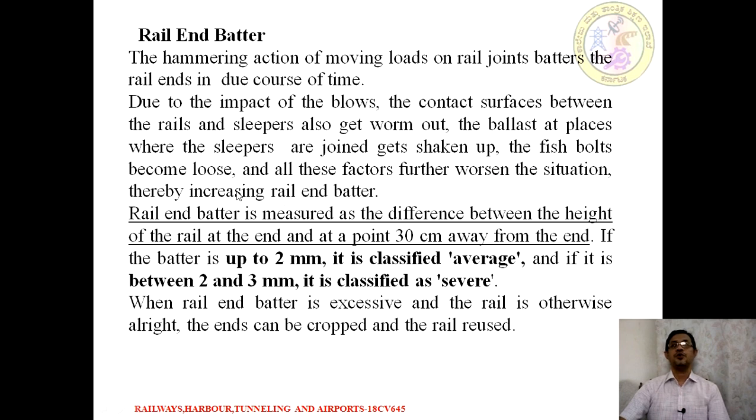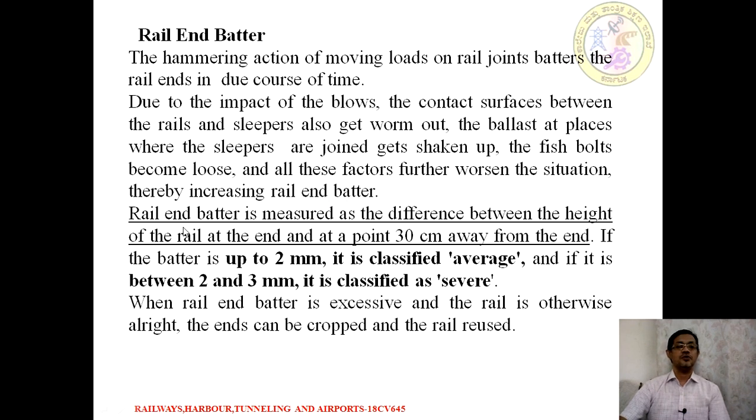Similarly, the fish bolts get loosened, which worsens the situation and increases the rail end battering. So this is with respect to rail end batter.